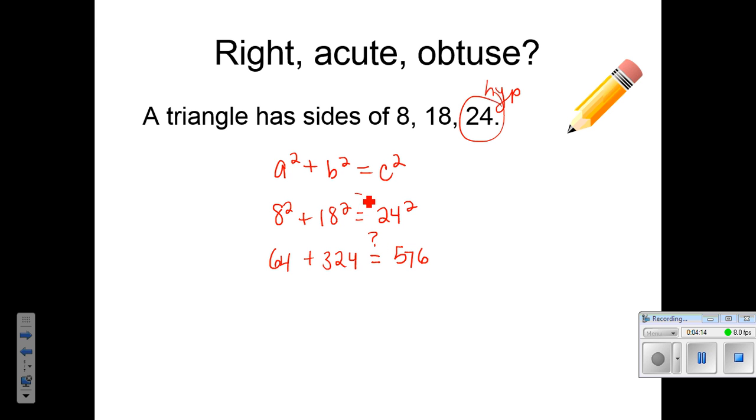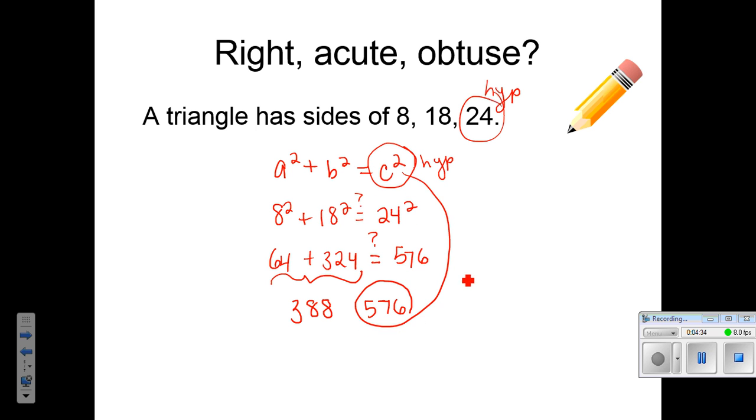Now, what I'm doing is I'm trying to decide if this is in fact going to work. These two added together give me 388, compared to the 576. We thought this guy was the hypotenuse, but the hypotenuse is way too big.